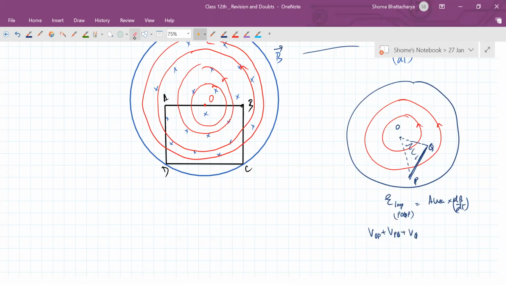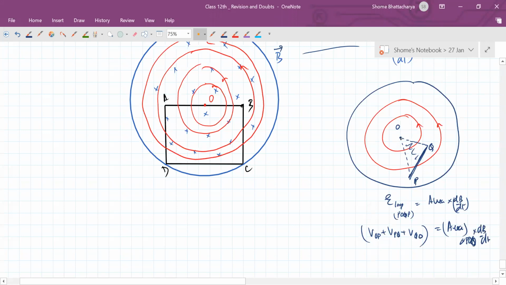Actually, you should not call it voltage difference, because the term voltage generally refers to a conservative field, but here we are dealing with non-conservative. You can call it the potential difference, it's fine. So this thing is equal to the area of the triangle POQ into dB by dt.